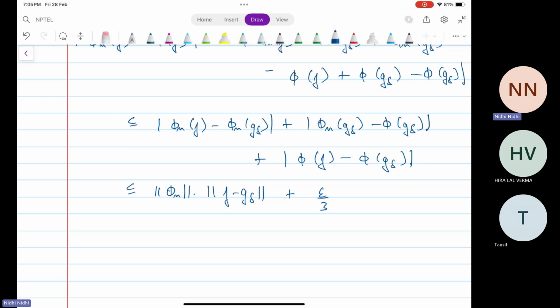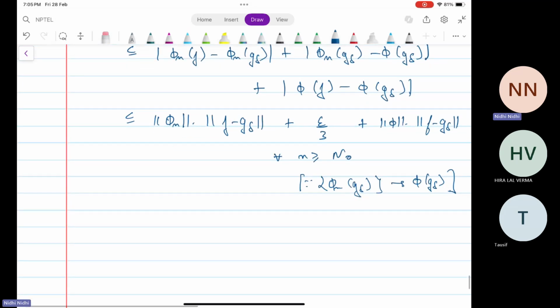I can directly write it less than or equal to epsilon by 3 because g delta is a polynomial, and we know that for polynomials we have convergence phi n g delta should converge to phi g delta, plus norm phi times norm f minus g delta, for all n greater than or equal to some n naught, since phi n g delta converges to phi g delta.